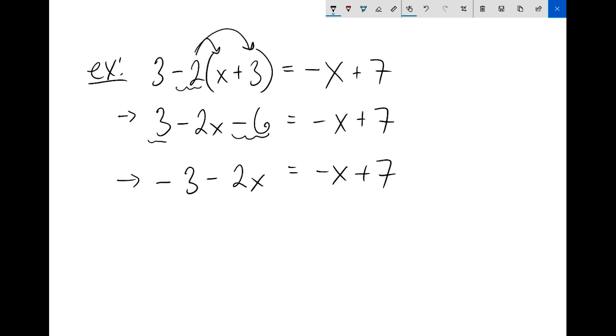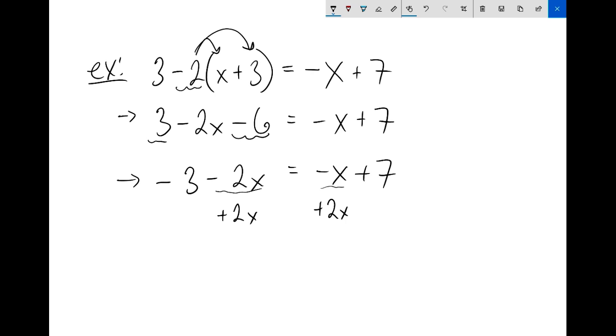We need to get all our variables on one side, all our numbers on the other. Now in this case, we could either send this negative 2x over there, or we could bring that negative x over here. Which way is going to leave the x terms positive? Because that's how I prefer to do it. We're either going to add an x to both sides to get rid of this, or we're going to add 2x to both sides to get rid of that. I would send this term over there.